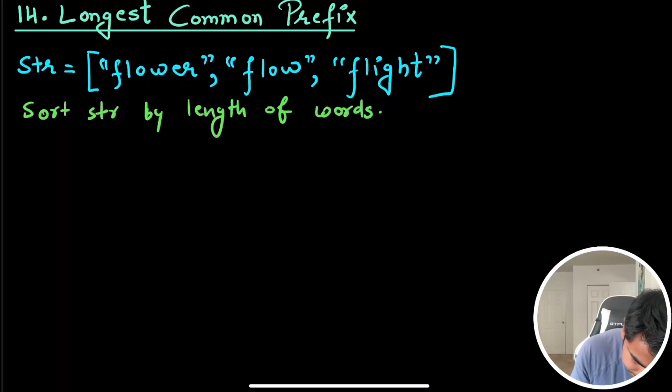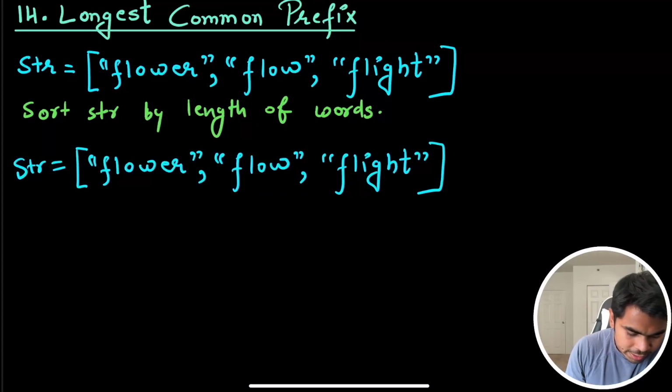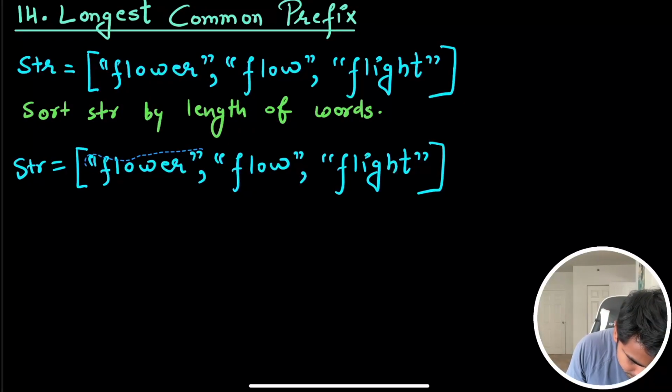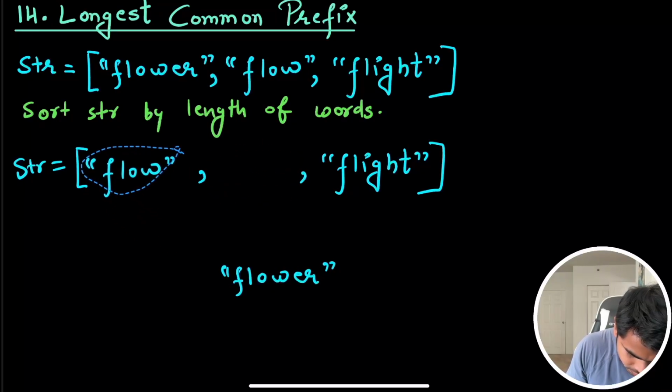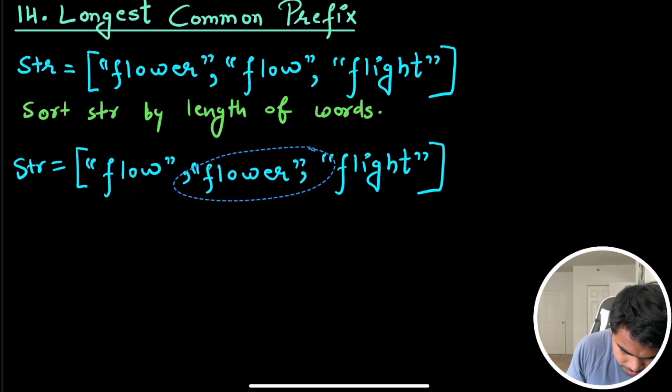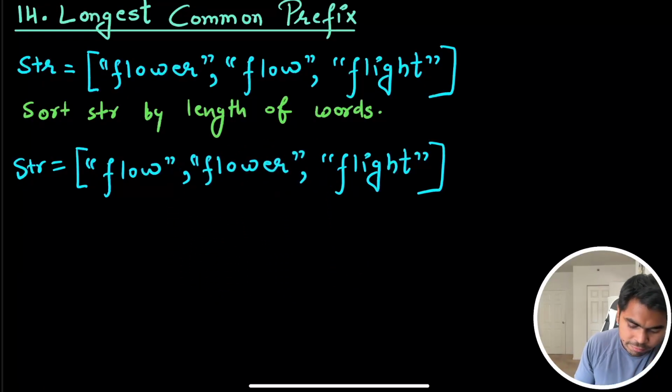Sorting by length will bring flow to the first position because it's the smallest, and then these two are the same size, so we can just put them here. So flow, flower, and flight.